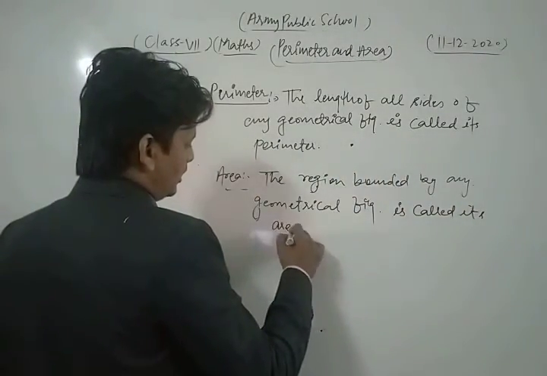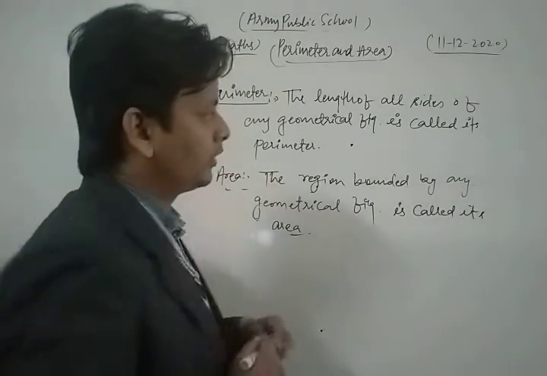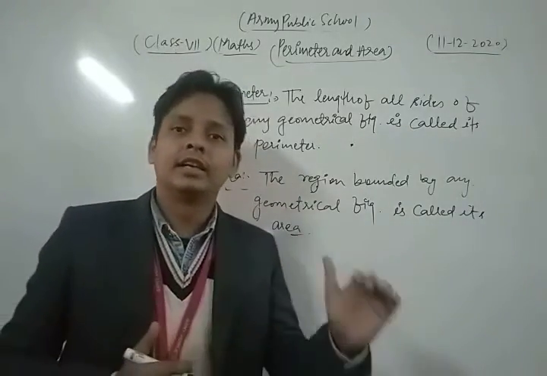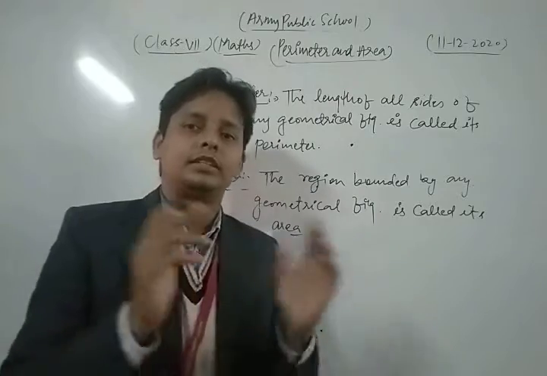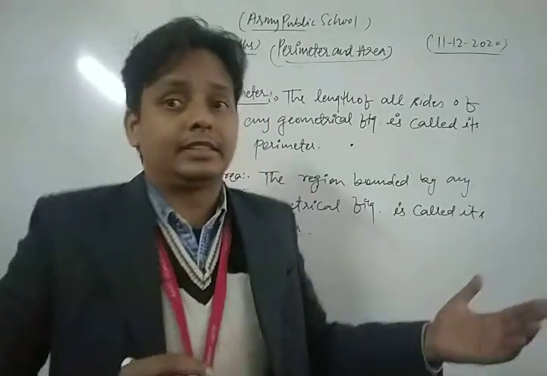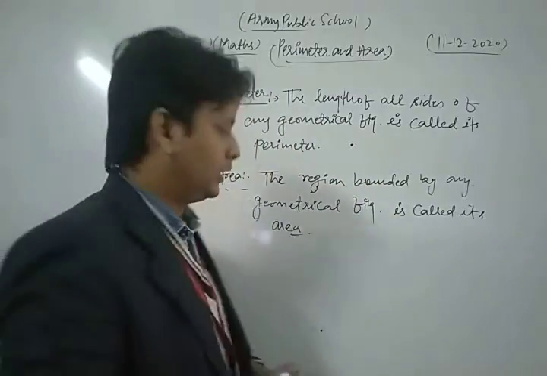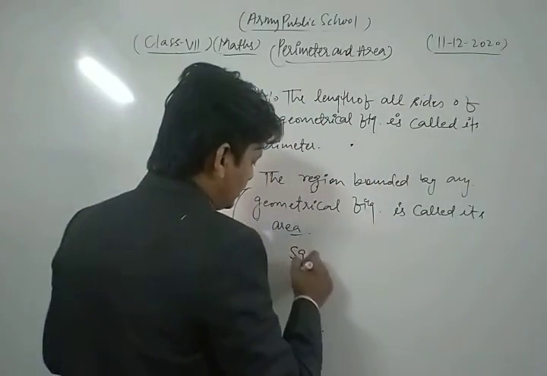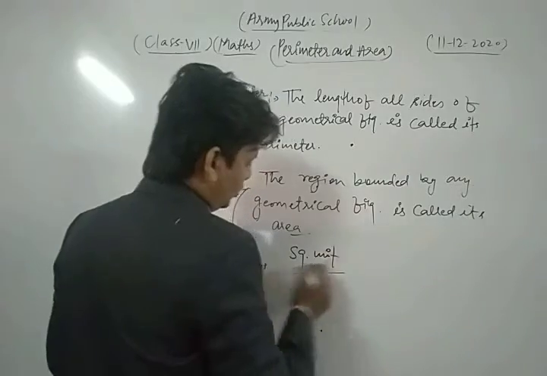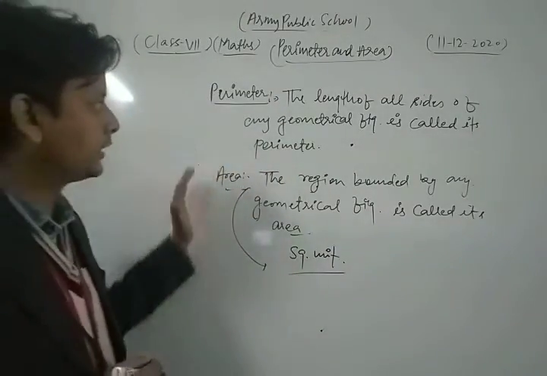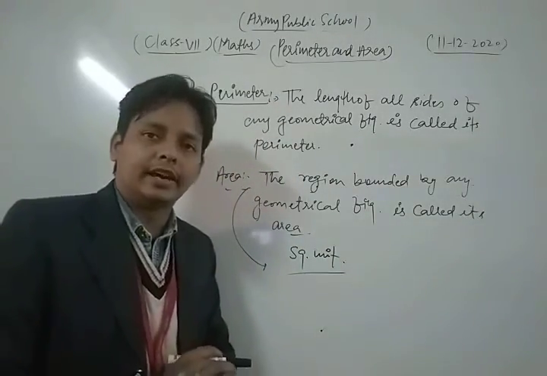And one of the most important things is that the area, the region bounded by any geometrical figure, is always in square unit. Area is always in square unit. So this is the concept of perimeter and area.